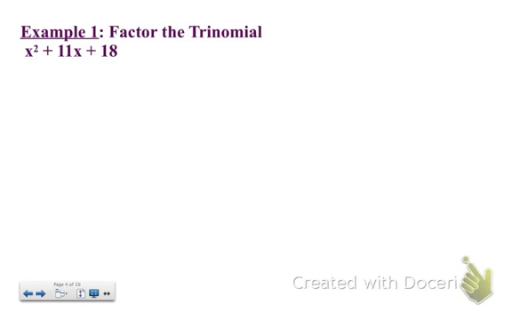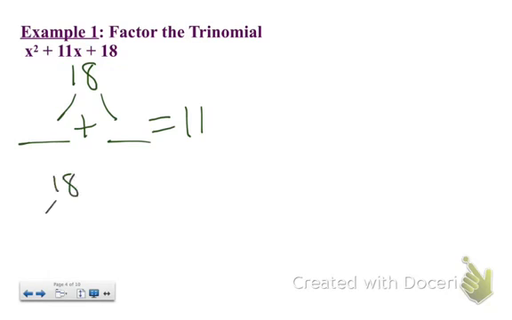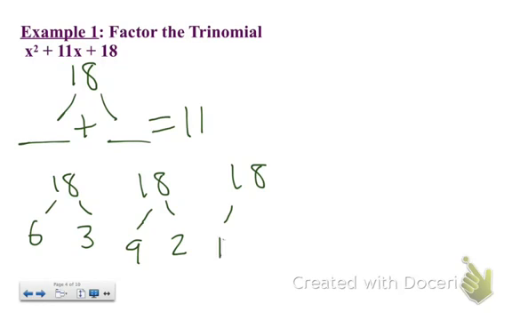For example, if we want to factor this trinomial, we're trying to figure out what are factors of 18 that when added together give us 11. You can start listing out all the factors of 18. Nine and 2, 6 and 3, 18 and 1. Then I'm trying to figure out what will give me 11 when I add it together. 6 and 3 is 9, but 9 and 2, that's 11.